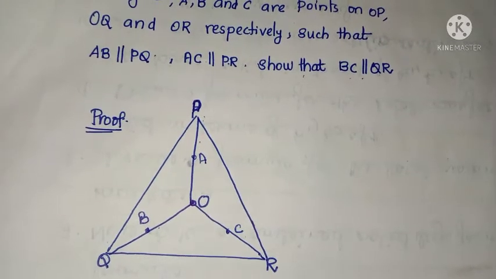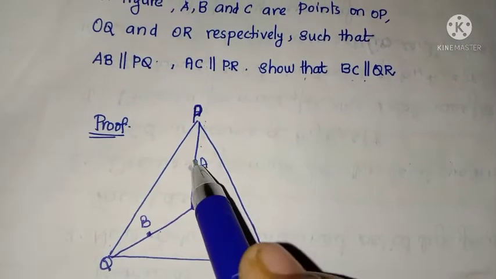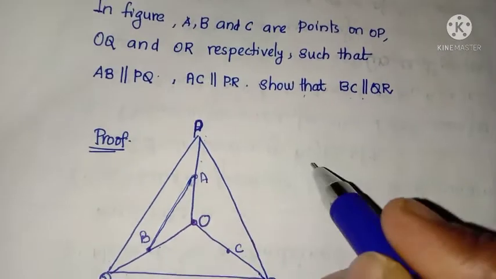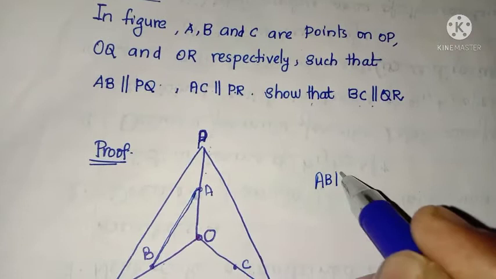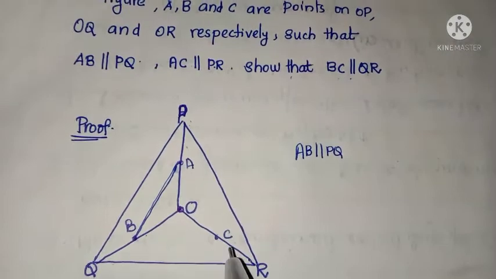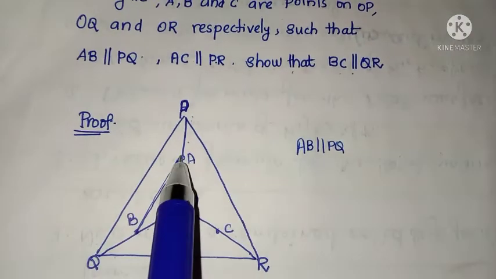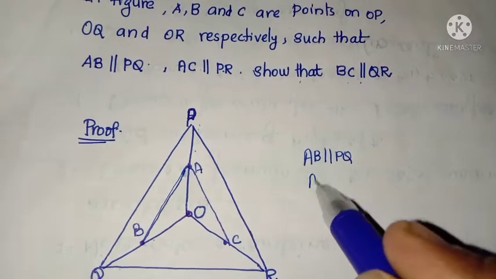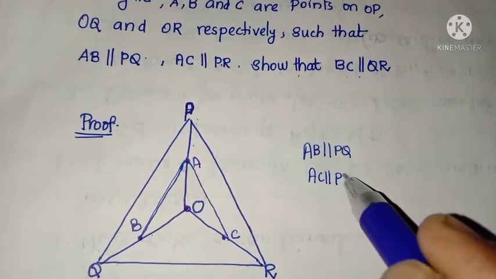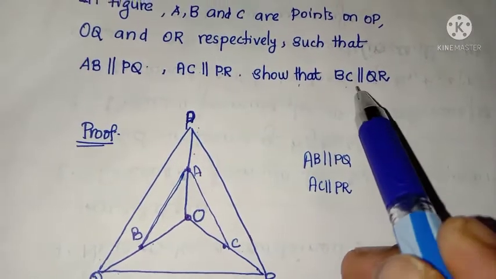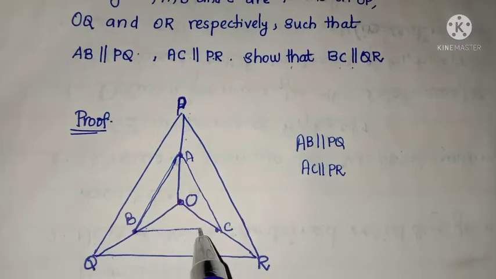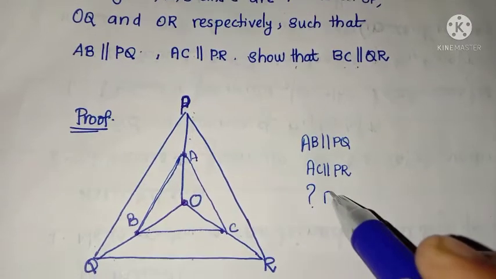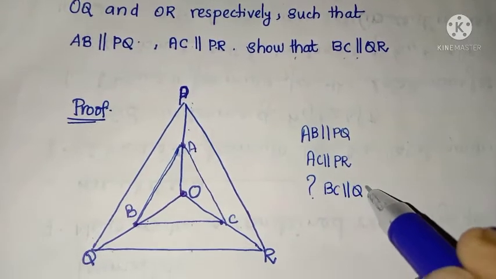This is given, such that AB is parallel to PQ. Join AC. AC is parallel to PR. Now we need to prove BC is parallel to QR.